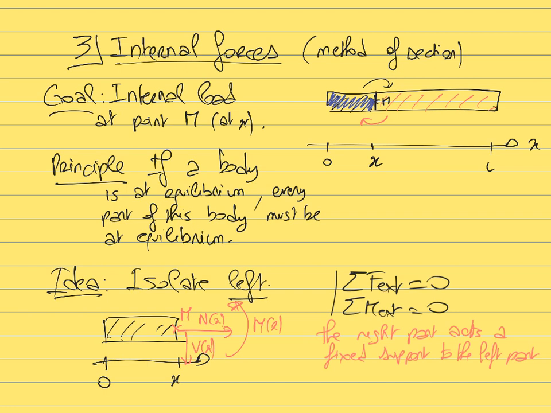Then you isolate the section, either the left part or the right part, and then you will write the condition of equilibrium. You will write the fact that the sum of the external forces has to be equal to 0, and the sum of the external moments has to be equal to 0. And this will allow you to calculate those unknown internal forces that are applied by the right to the left or the left to the right.